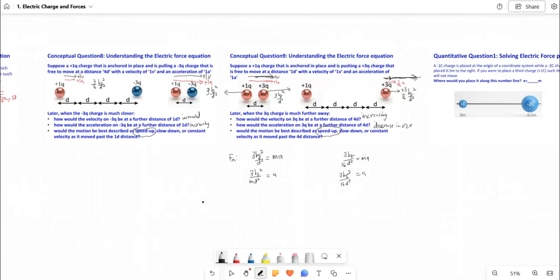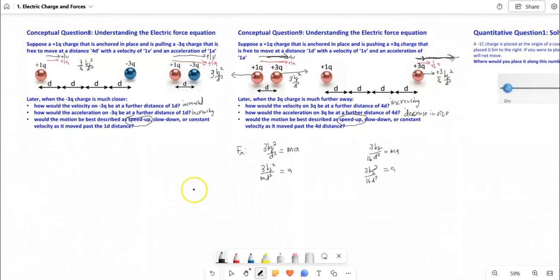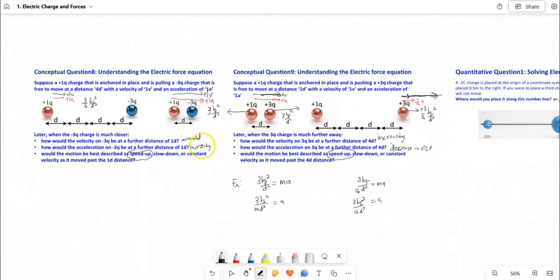You would have to say, I don't know. It could be either. But if I said I have two charged objects in space and I let them go, and their acceleration vectors started decreasing in size, well, now you know they're repelling each other and that acceleration vector is dropping off in size. Okay?